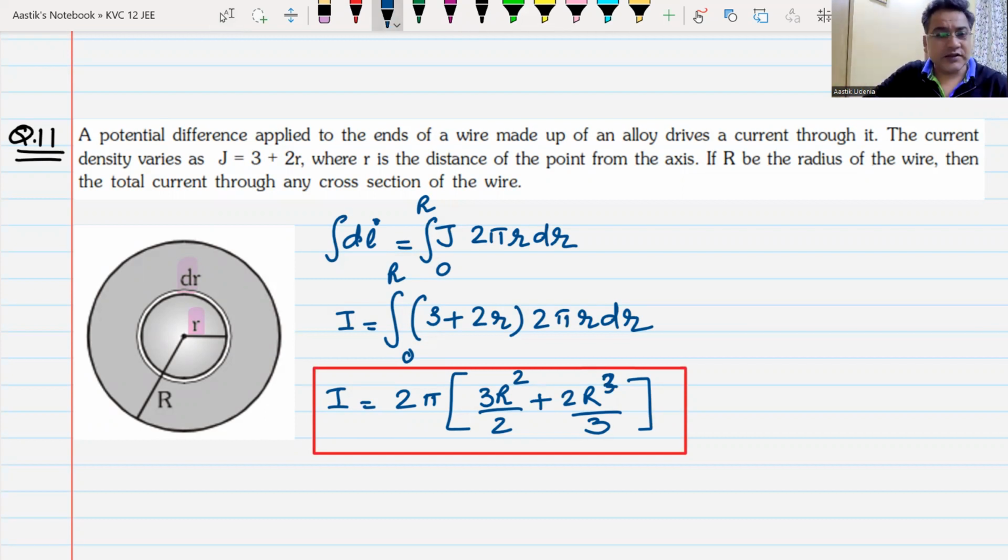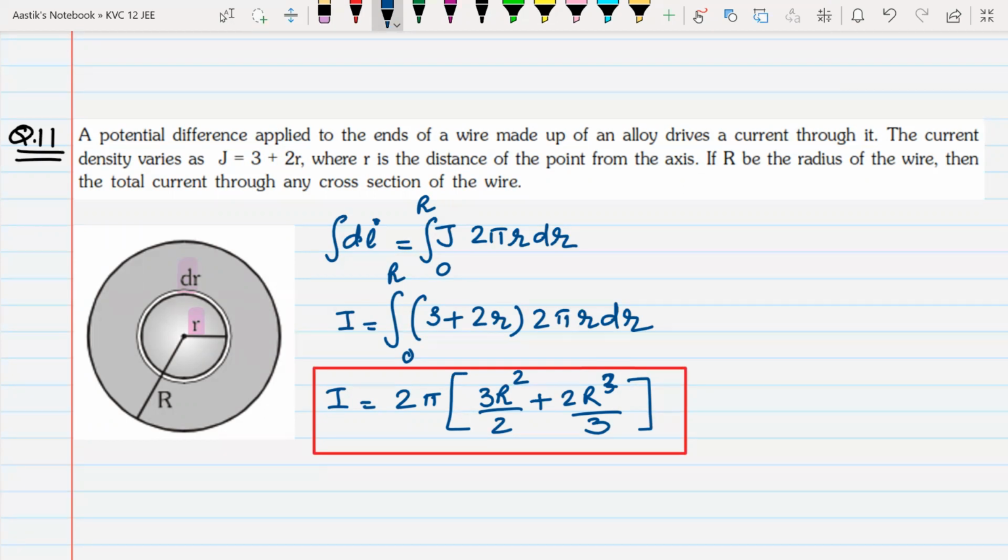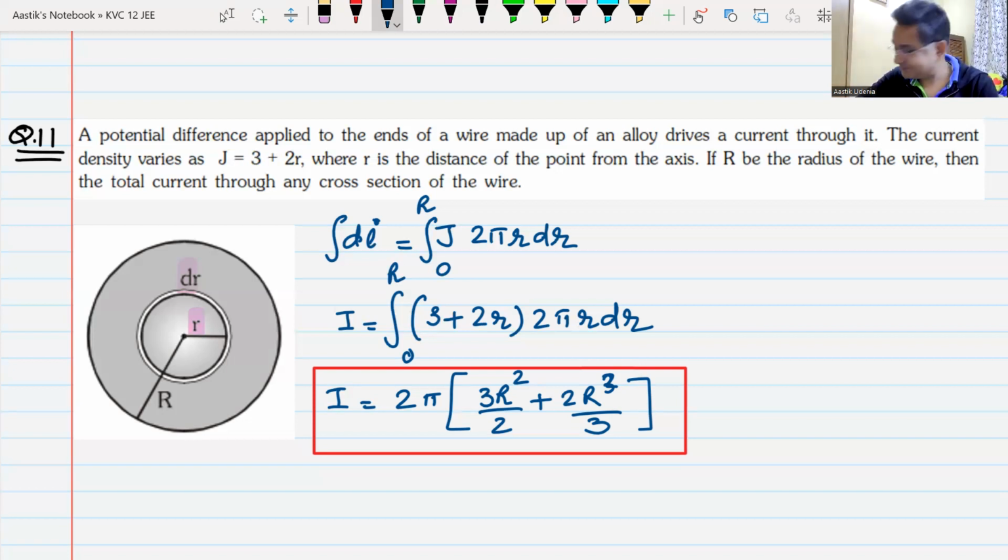I said it r cube, I wrote it r square. Okay. Is it correct now? Yes, sir. Has everyone noted this down? Shall we move ahead? Yes, sir. Okay.